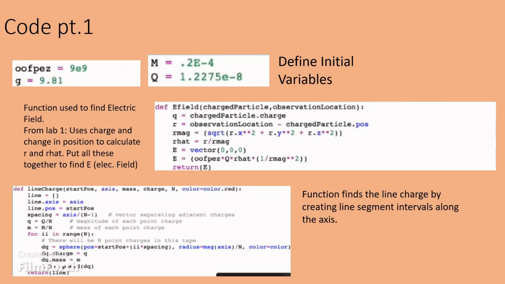The first function is used to find the electric field. This is just the function from the first lab, using the distance r and r hat, and you put all these together to find the electric field. More importantly, the second function finds the line charge by creating line segment intervals along the axis.